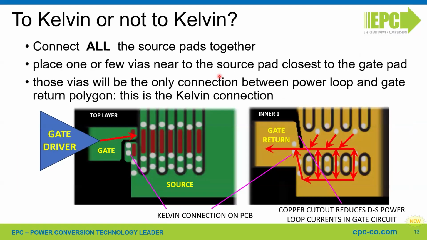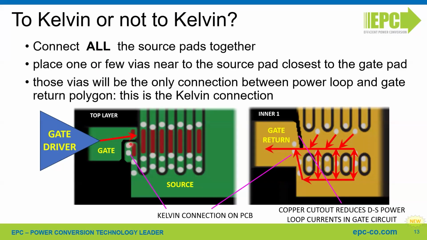So to clarify how to connect the gate driver to the FET, this is a common mistake that is made. Only this pad is used to connect to the gate driver and is not connected to the remaining source pads. And this is not proper. As a rule, all the source pads of EPC GaN FETs need to be connected together.